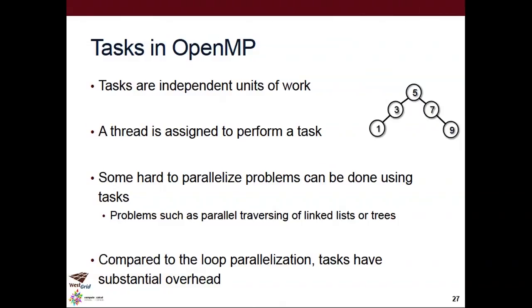So you normally put it in a binary tree fashion. What you can do in this example is create a task to search the left part of this tree and another one for the right part of the tree, and so on.